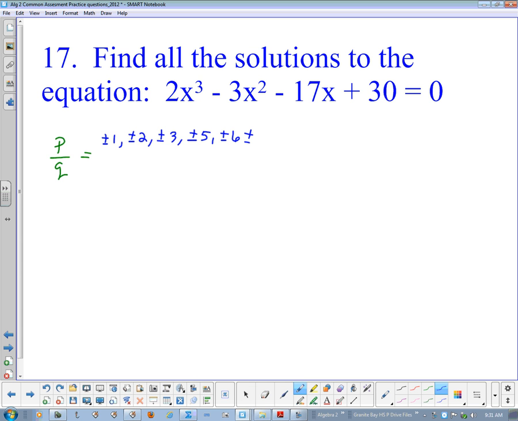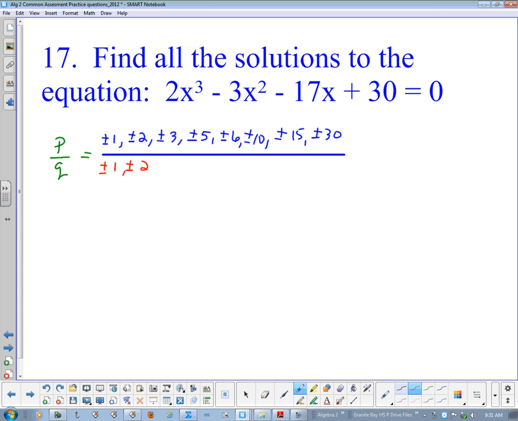Plus or minus 10. And then we've got plus or minus, how about 15? And then plus or minus 30. This is all going to be divided by, now q is the 2. It's the leading coefficient. So plus or minus 1, plus or minus 2.